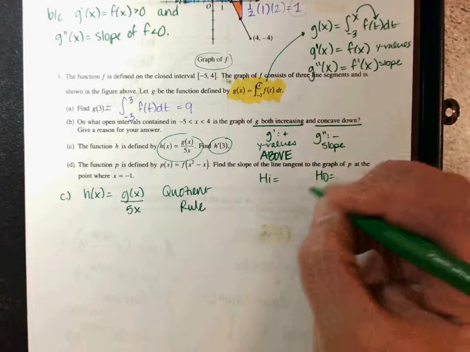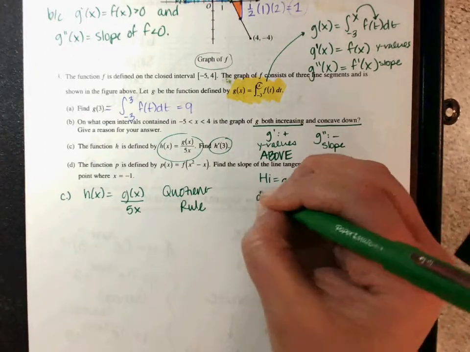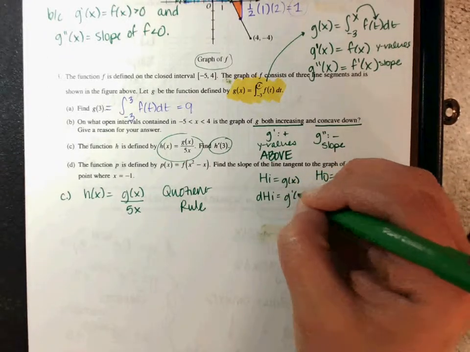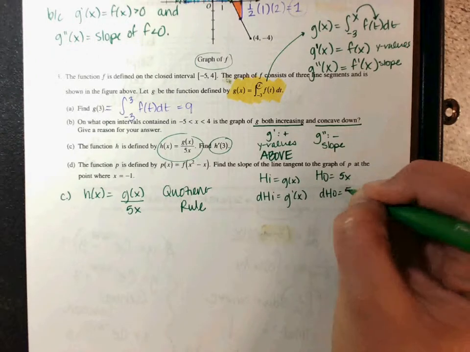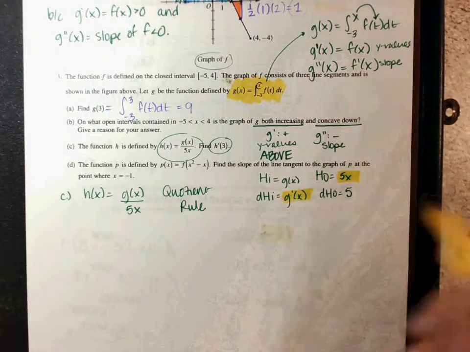My high is g of x. My ho is 5x. So d high is the derivative of g, which is g prime of x. And d ho is the derivative of 5x, which is 5. Then remember my derivative is ho d high minus high d ho.